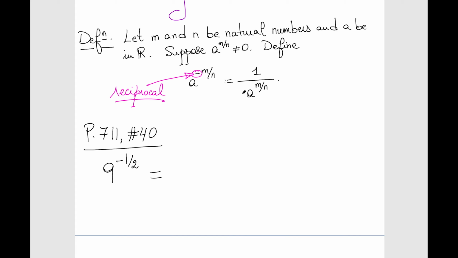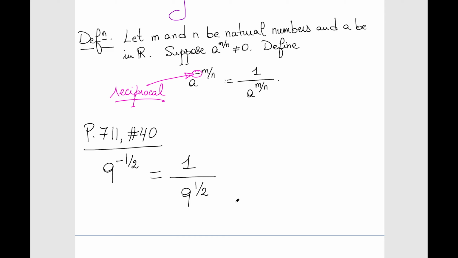So I'm going to appeal to what this means. It's 1 divided by a to the power m over n. A is 9, m is 1, and n is 2. So with this dictionary, rewrite this side: 1 divided by 9 to the power 1 half.